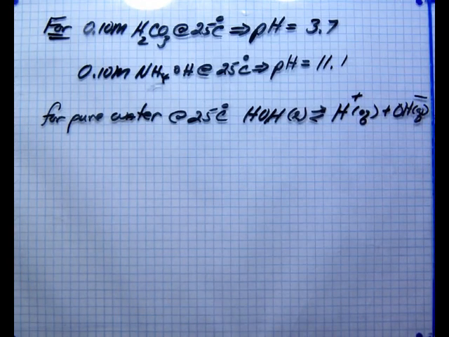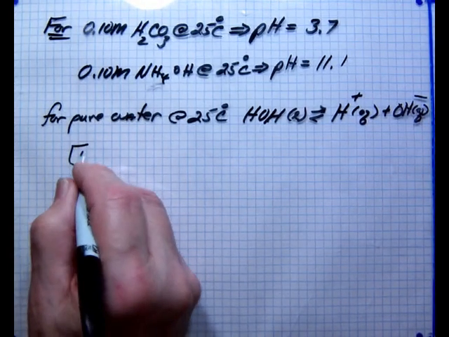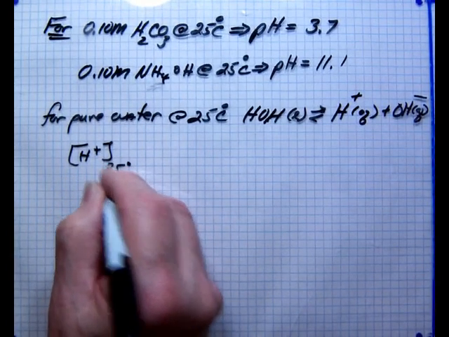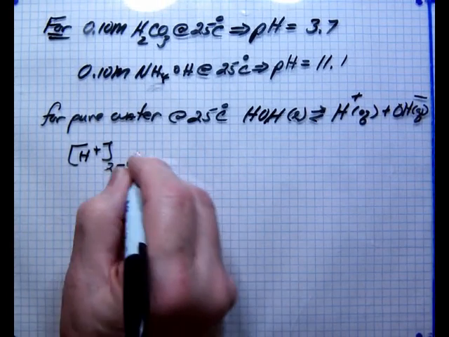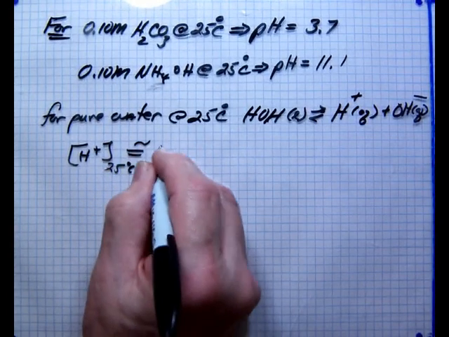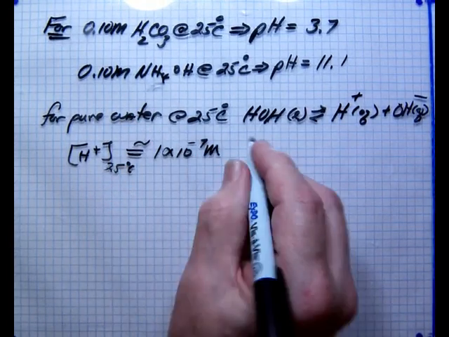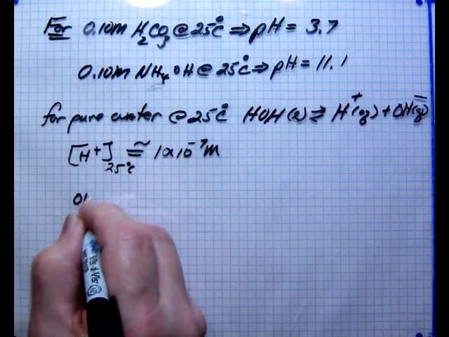It's also been shown that the hydronium ion concentration at 25 degrees Celsius in pure water is 1 times 10 to the minus 7 mole per liter, as is the hydroxide ion concentration.